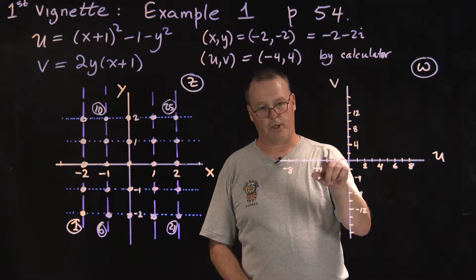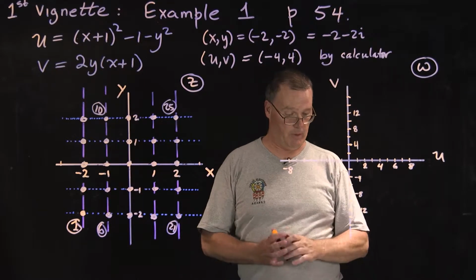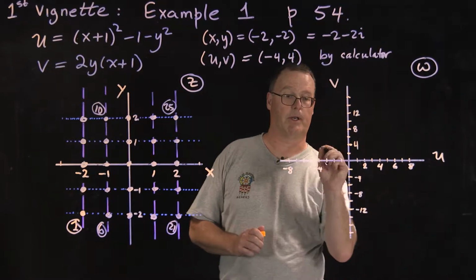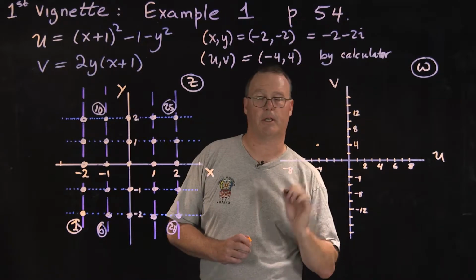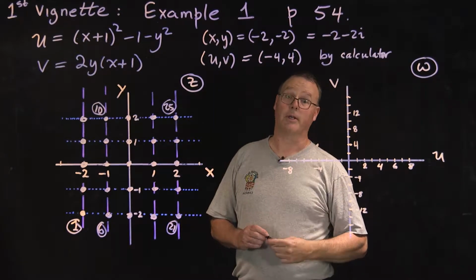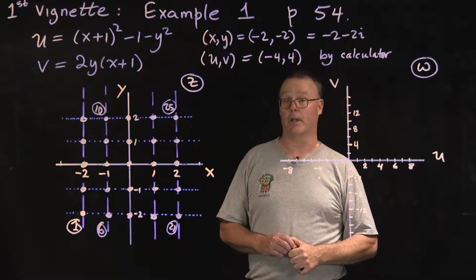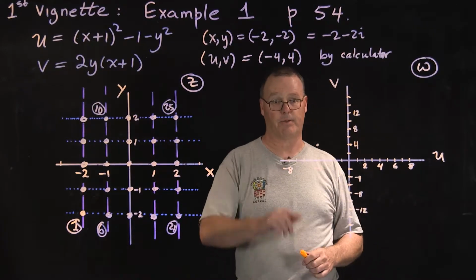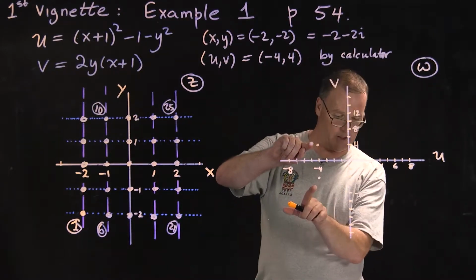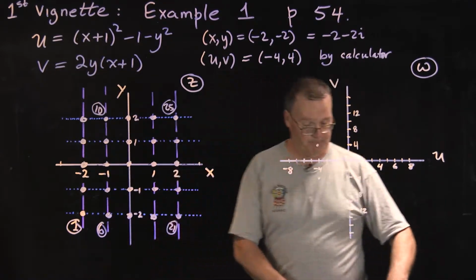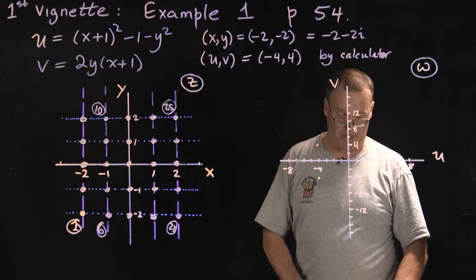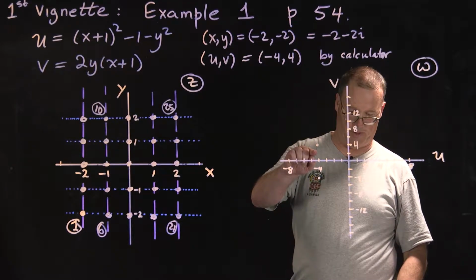So in fact, it should have been -4 and +4 for the image of point number 1. Now don't worry about this little dot, because I was going to plot -4, -4 later, so I'll just leave that in. So this is point number 1. That's actually going to be point number 5. Okay, point number 1, -4, 4.